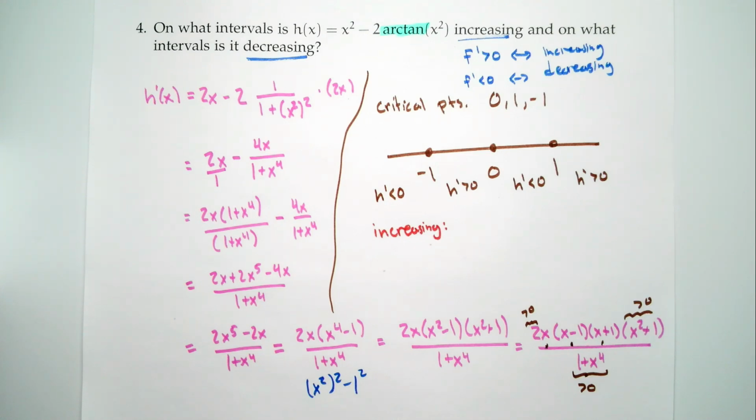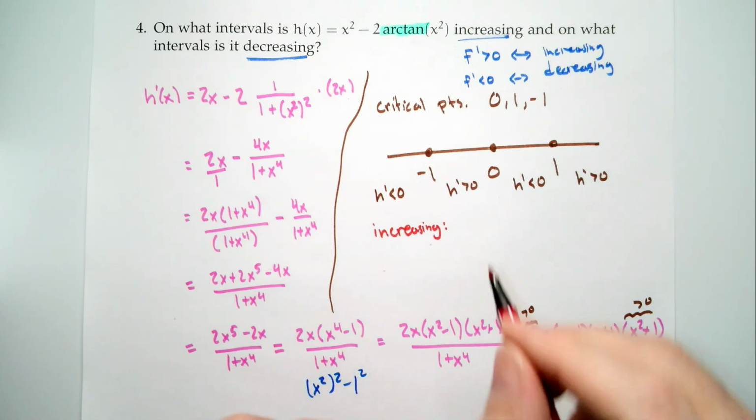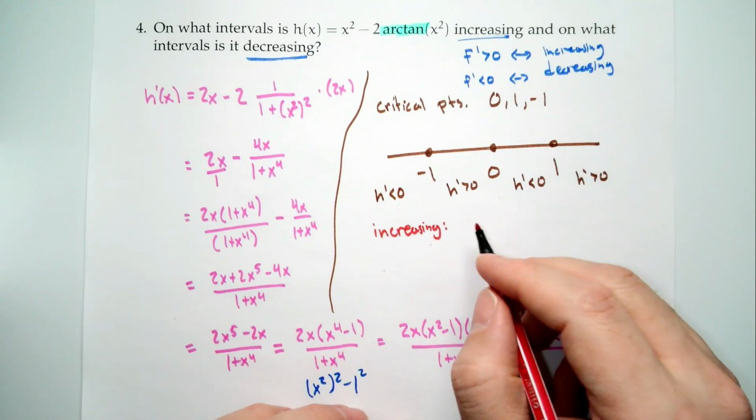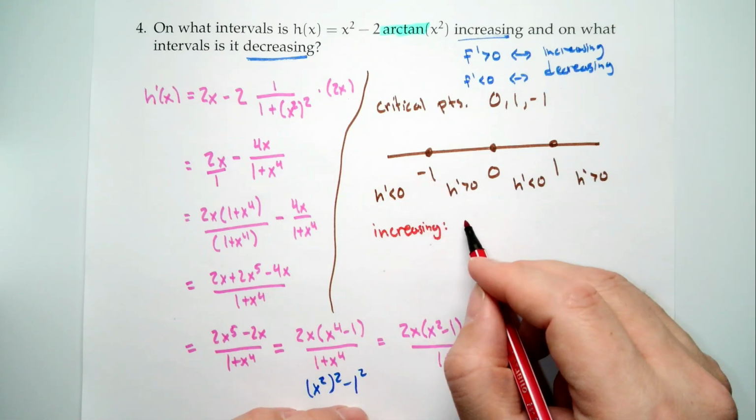It's not one individual point, it's about an interval of points. Other people say no, you shouldn't include the endpoints because increasing is about the derivative, whether it's positive or negative. We've come to the conclusion that we won't care about the endpoints. So whether you include the endpoints or not, you get full credit. So negative 1 to 0.